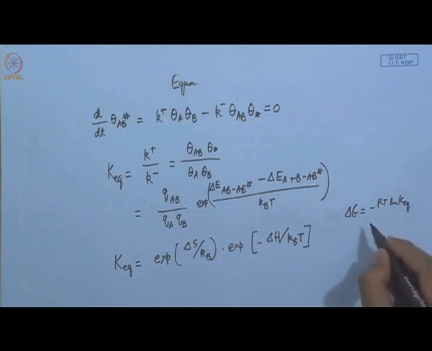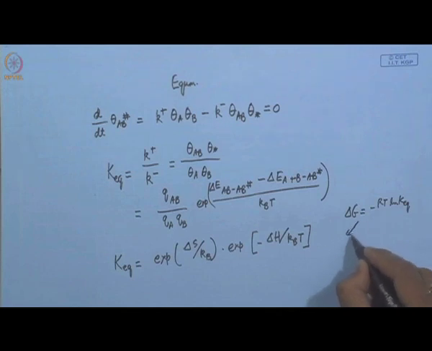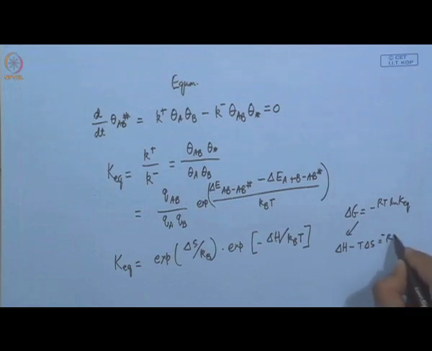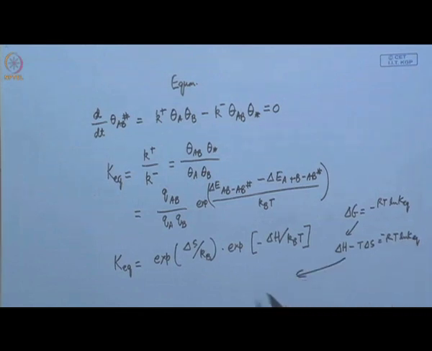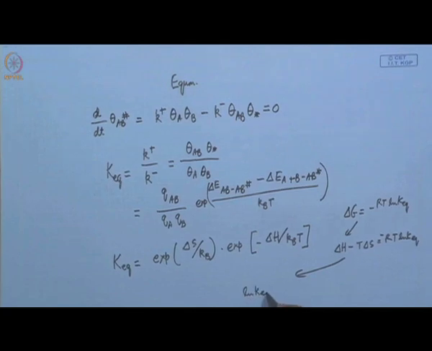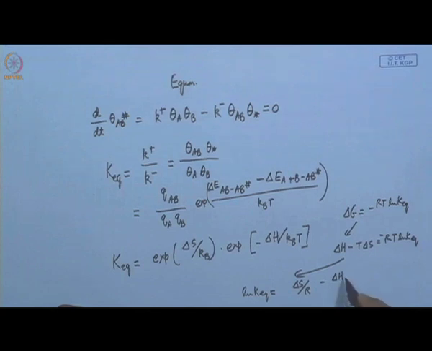So delta G is equal to delta H minus T delta S, equal to minus RT ln K equilibrium. From this we can write ln K equilibrium equal to delta S by R minus delta H by RT. If you take the exponential of both sides, you get this expression.